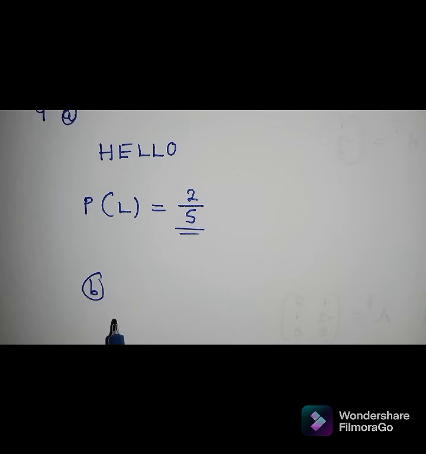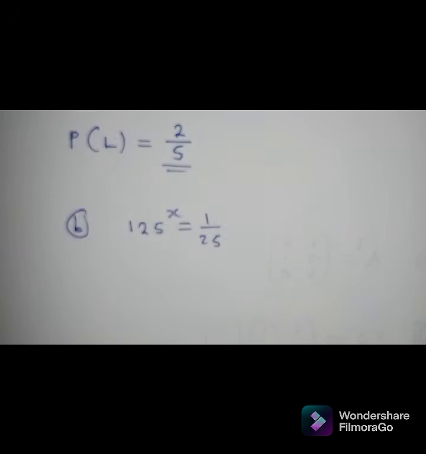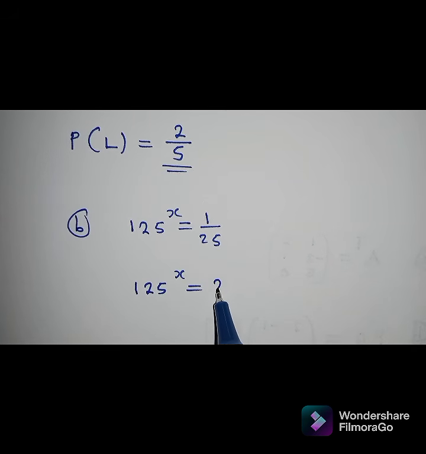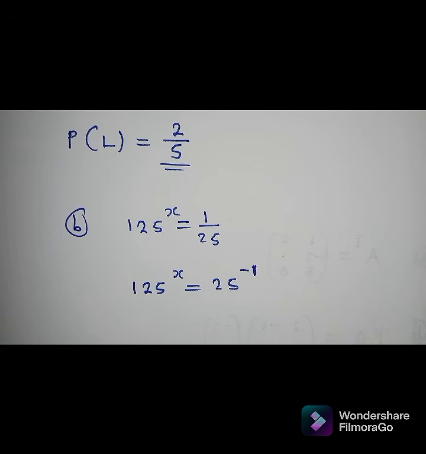For question B, they have given us this equation where they want us to find the value of x. So how do you find the value of x? Here, balance the bases. Actually, before balancing the bases, use the laws of indices, whereby this 25 goes on top. So it will be equal to 25 to the power -1.